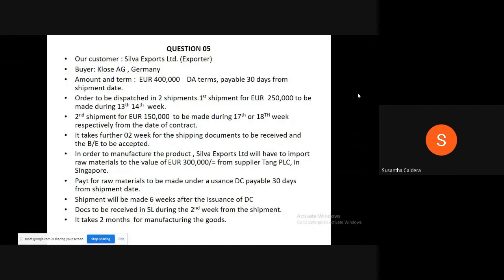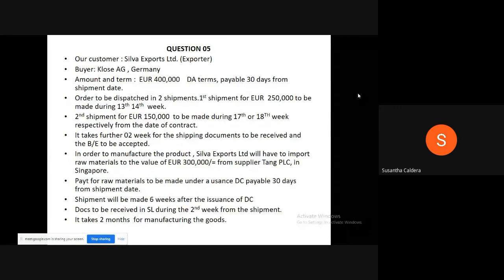In order to manufacture the product, Silva Export Limited will have to import raw materials to the value of 300,000 from supplier Tang PLC. Payment for raw materials to be made under Usance DC payable 30 days from the shipment date.